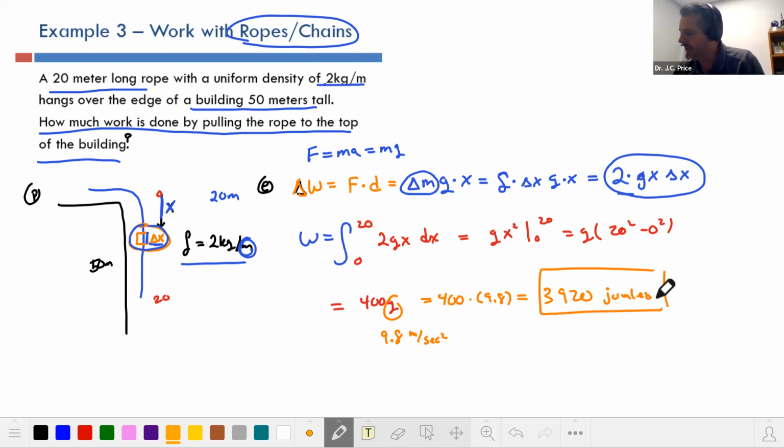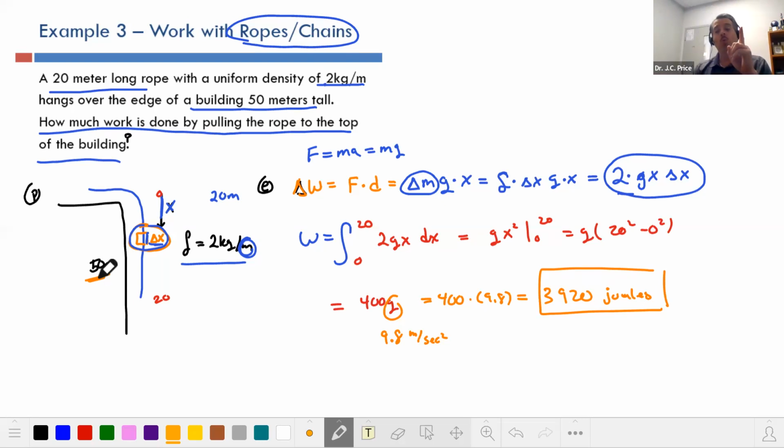So 3,920 joules is the work it takes to pull this rope, which is 20 meters long, to the top of the building. Now notice we never actually needed the 50 meters. Where the 50 meters came into play is the fact that the rope is hanging off of the building and not actually hitting the ground. We never actually needed it in this problem.